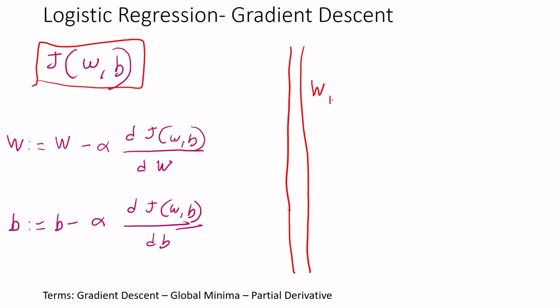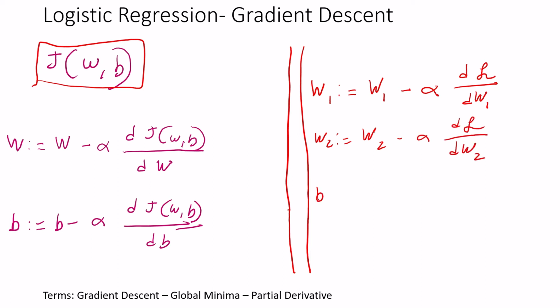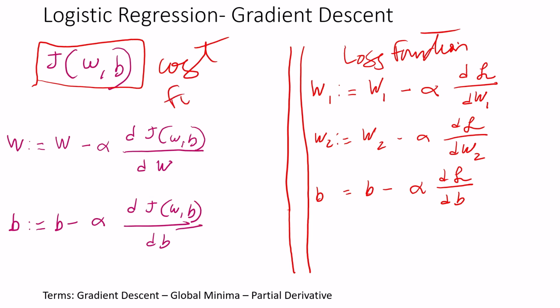To rewrite this, we just update w1 as w1 minus alpha times dl over dw1, and the same for w2, dl over dw2, and the same for b, dl over db. So yeah, that's it. This is for the loss function for a single point, while this is for the cost function, which is the average error across your whole data set.